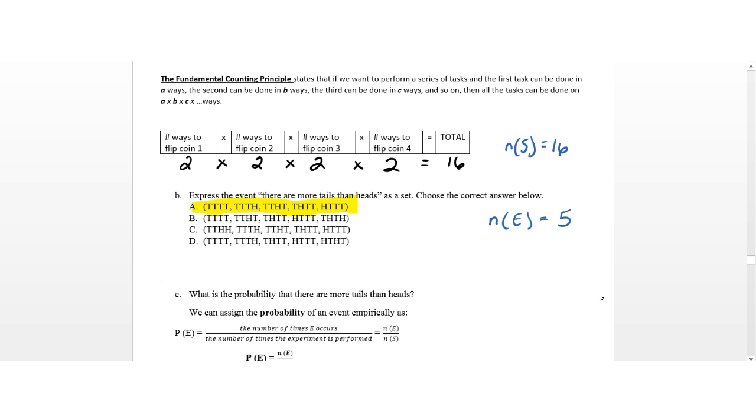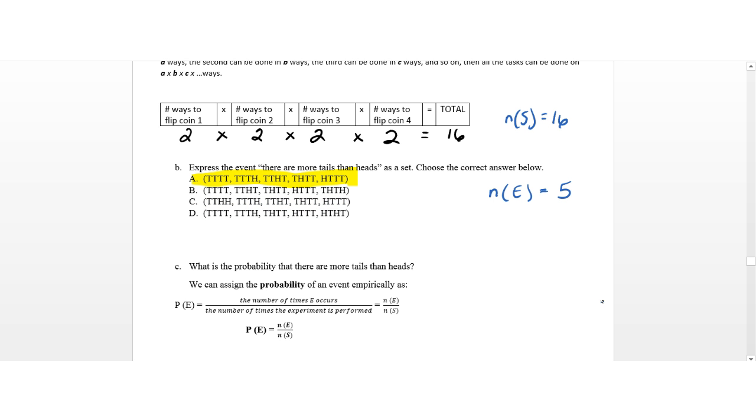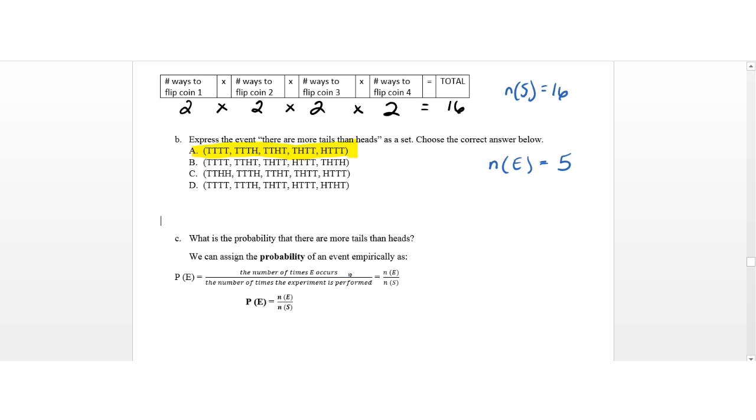The next question is, what is the probability that there are more tails than heads? So we're going to use the formula for the probability of an event, where we use the number of times E occurs, which we've already determined in our answer for B, which is 5.